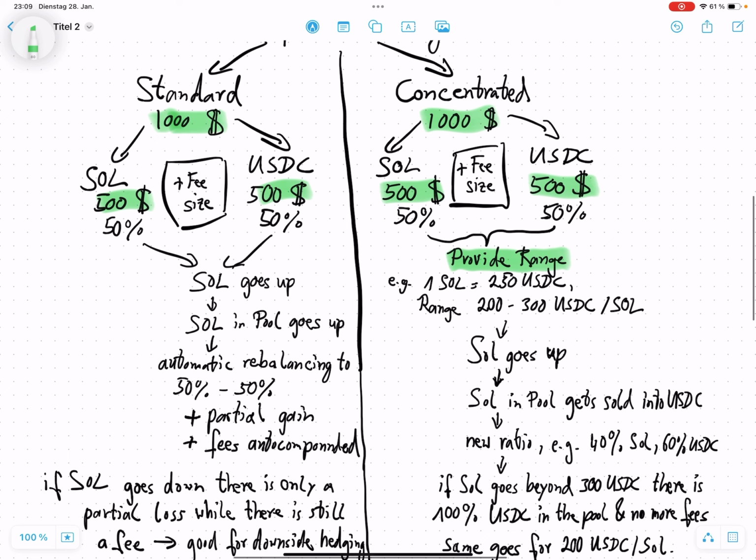And now let's assume for both scenarios that the SOL price goes up. In the standard liquidity pool, that means the SOL in the pool also goes up, since 50% of the pool consists of SOL, but you will not get the full value appreciation because there's a constant automatic rebalancing, so that the balance remains 50-50 between SOL and USDC.